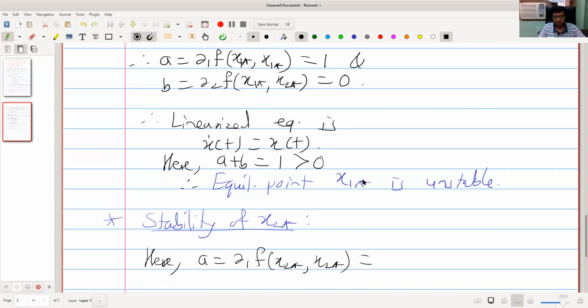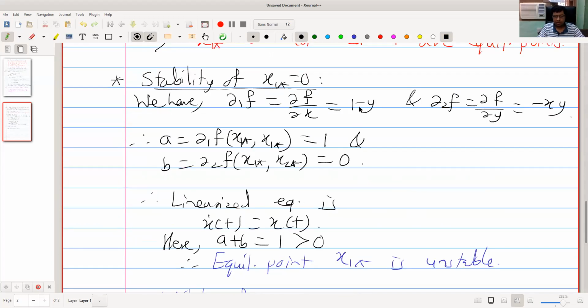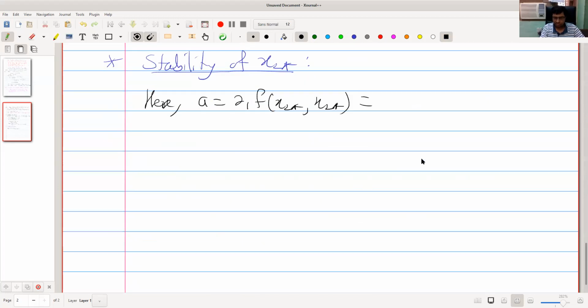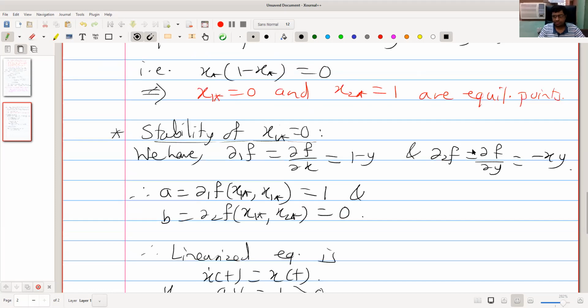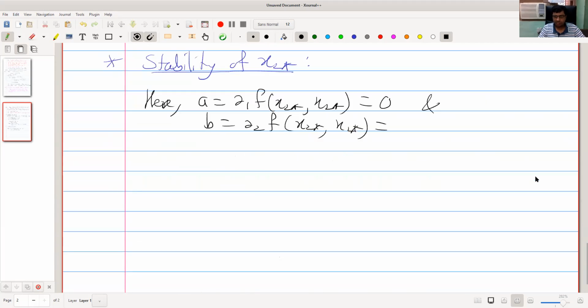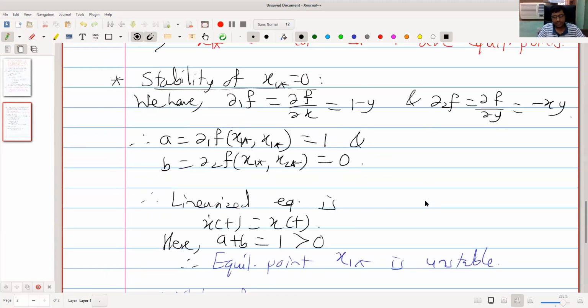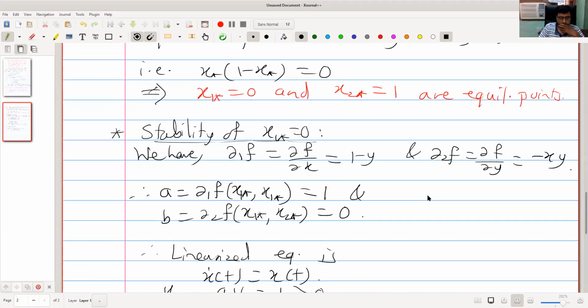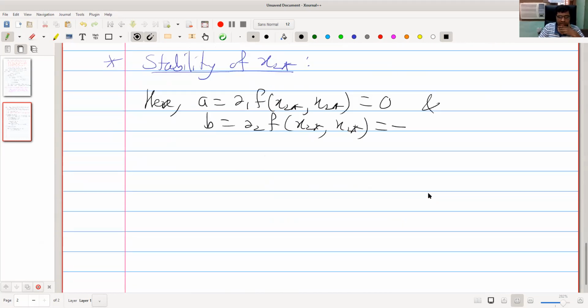So it is 1 minus 1, so it is 0, and b is del 2 f of x2 star x2 star, which is equal to minus x into y, so it is minus x2 star into x2 star, so it is minus 1.